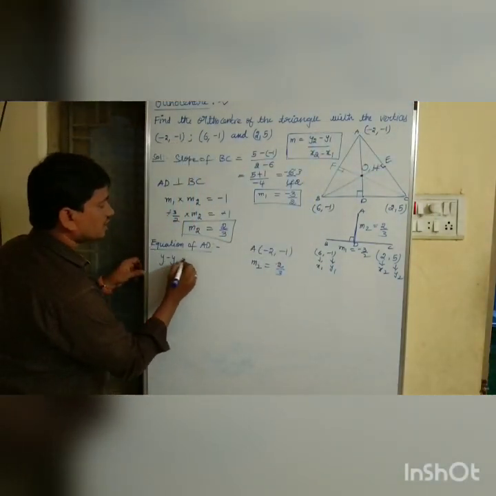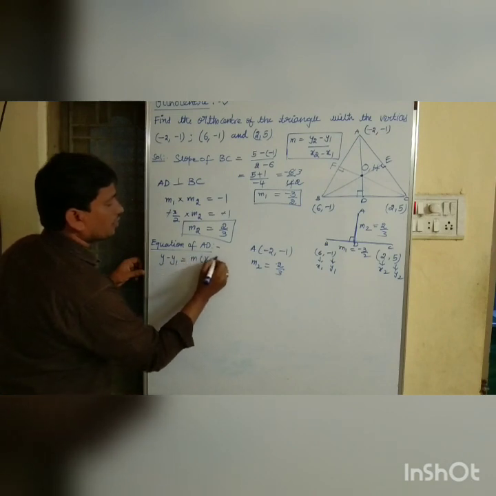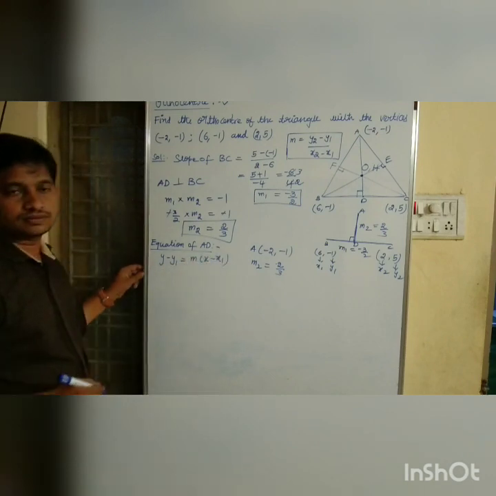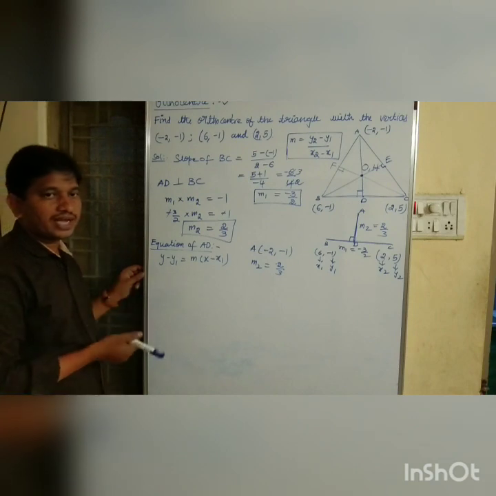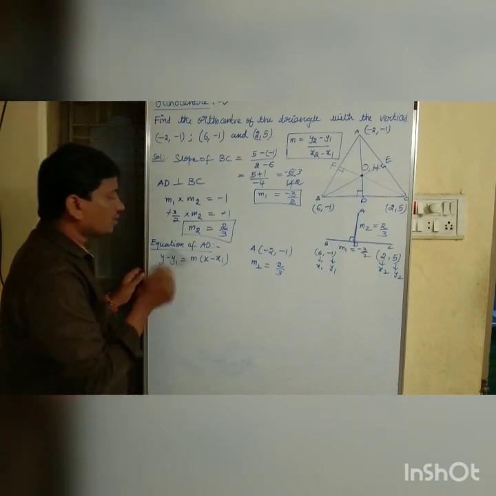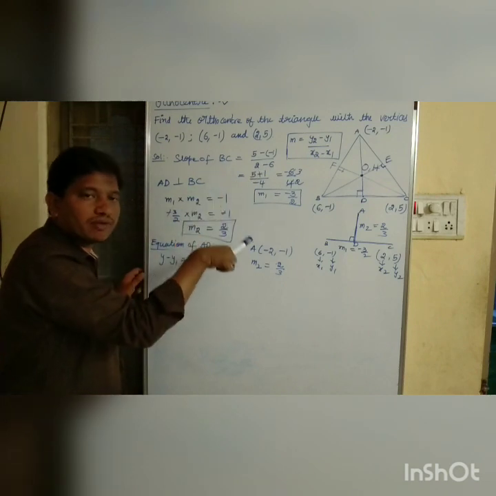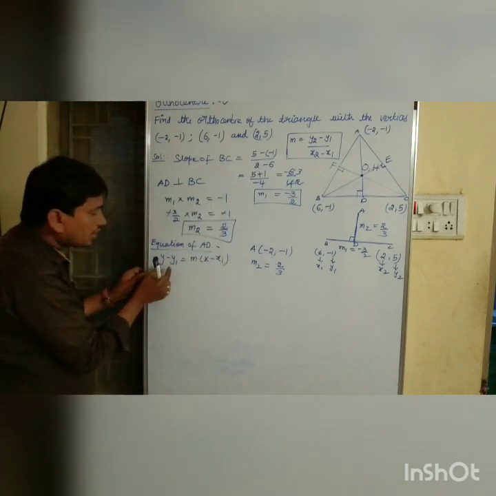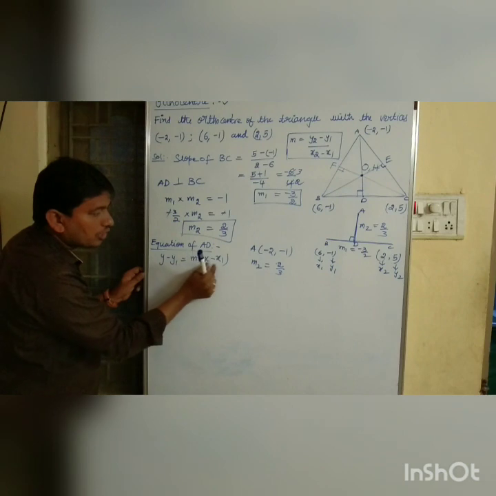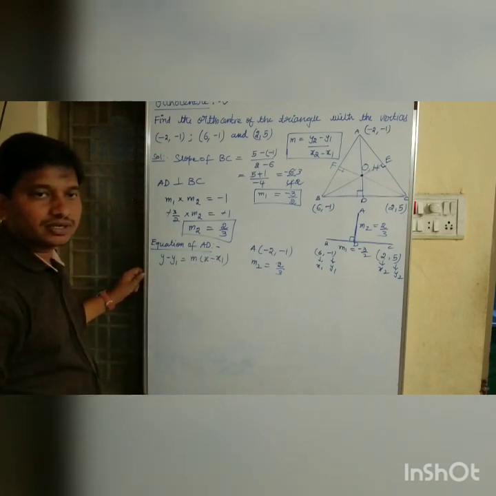That is y minus y1 equals m into x minus x1. The equation of a line passing through the point P(x1, y1) and having slope m is y minus y1 equals m into x minus x1, right?